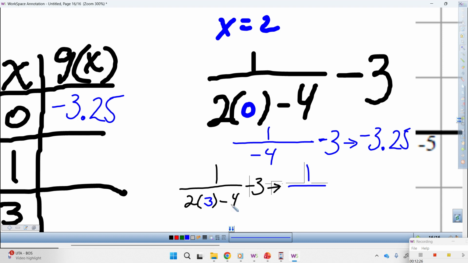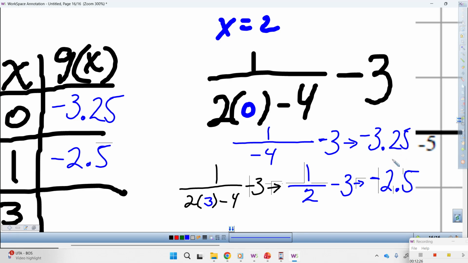What is 6 minus 4? 6 minus 4 is 2, Mr. Q. All right. Minus 3. So we got negative 3 and positive 1/2, so that's negative 2.5.